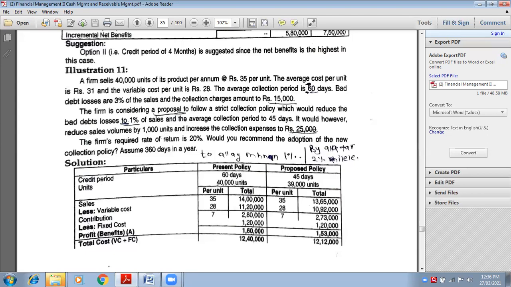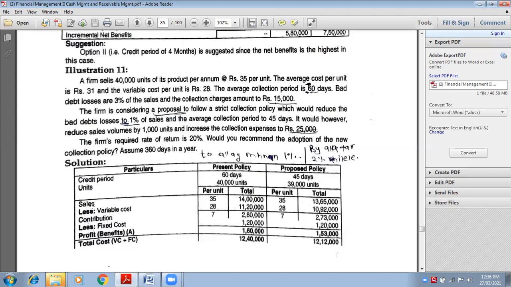So 40 minus 1, the new number of units will be 39,000. Instead of 40,000 units, you will write 39,000 units in the proposed policy. Now we need to divide each column into per unit and amount, per unit and amount.